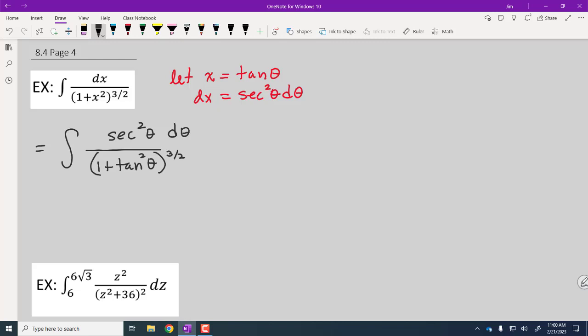Now it's all about simplification. 1 plus tan squared is secant squared. So we're going to have secant squared raised to the 3/2 d theta. That step right there is why this works.